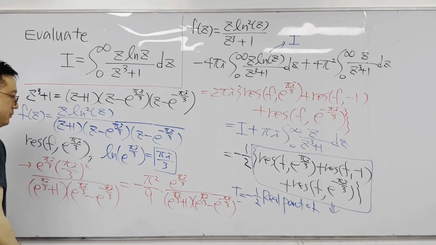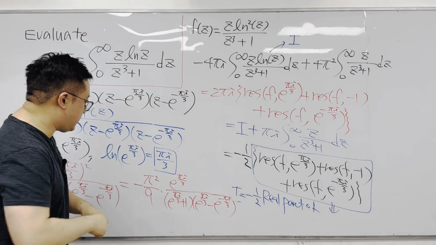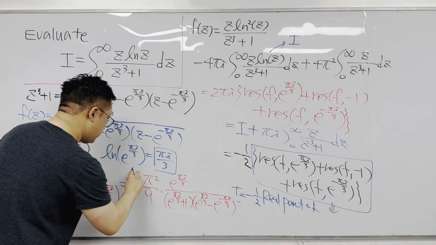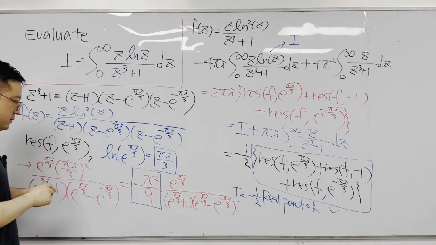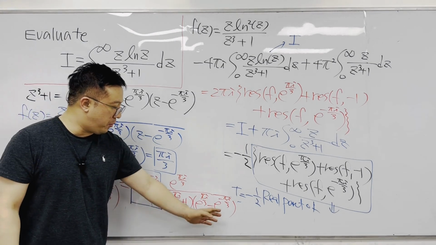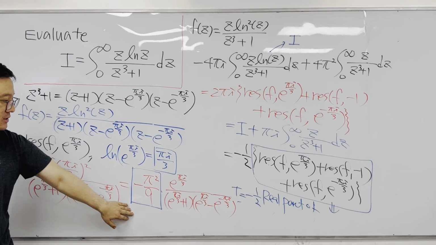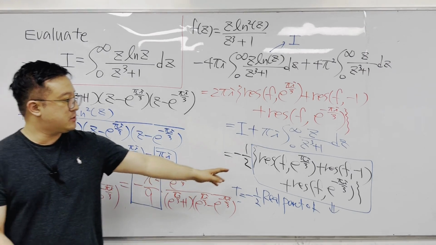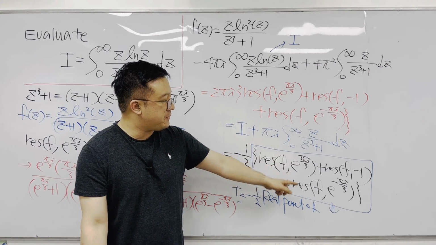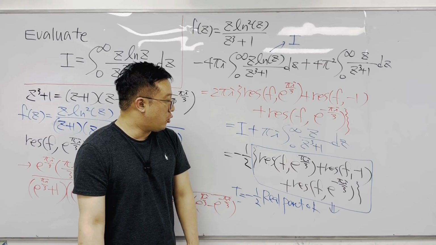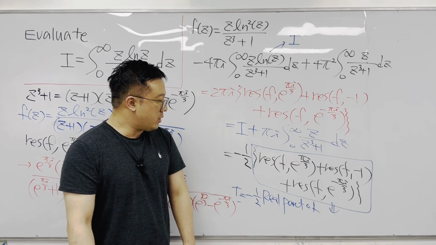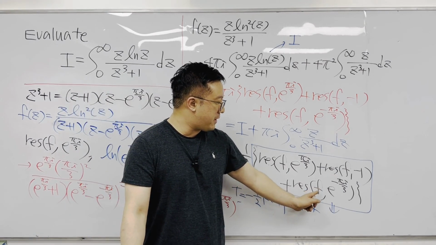Okay, so we need to focus on this part, right? Of course, we'll be calculating the real part of this later. But yeah, this is the expression for the first residue, the residue of f at e to the power of pi i over 3.